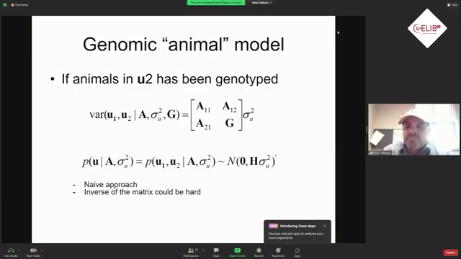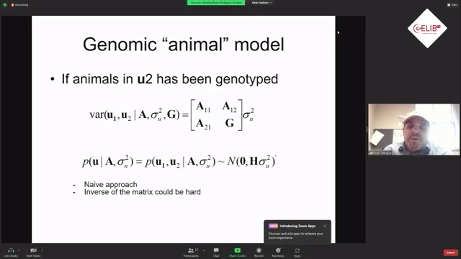Well, obviously those will never change. Doesn't matter what you do, because for the non-genotyped animals, A12 is the covariance between genotyped and non-genotyped. Because you don't have marker information on non-genotyped individuals, it is always going to be computed based on the average relationship matrix.